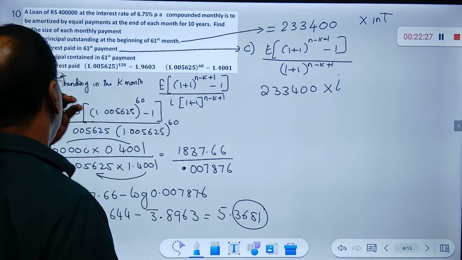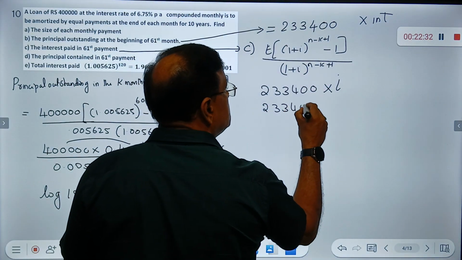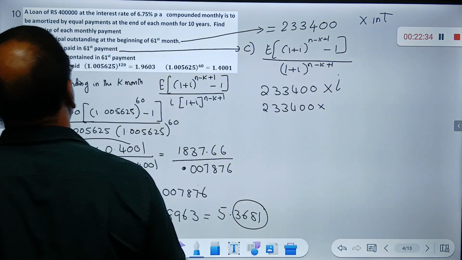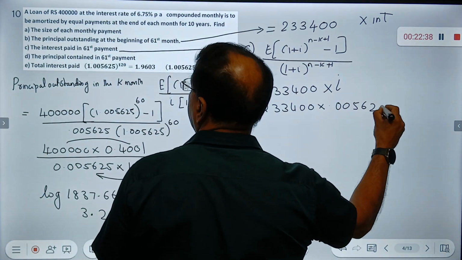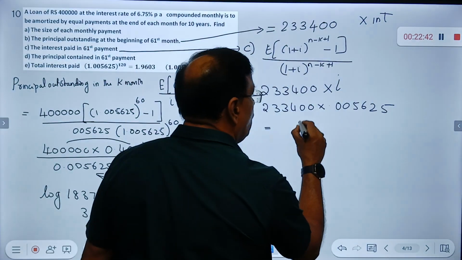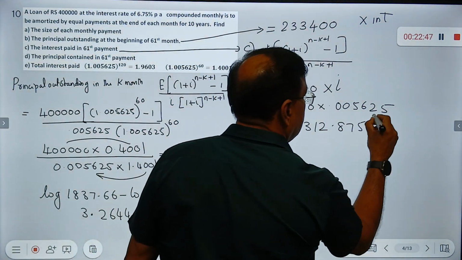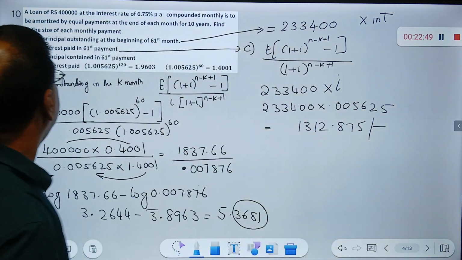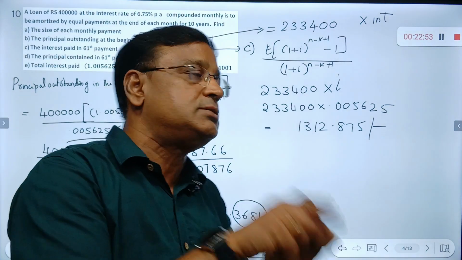So that will be 233400 into 0.005625. If you multiply this, you get the answer as 1312.875. This is the interest alone paid in that particular period, that is the 61st month.